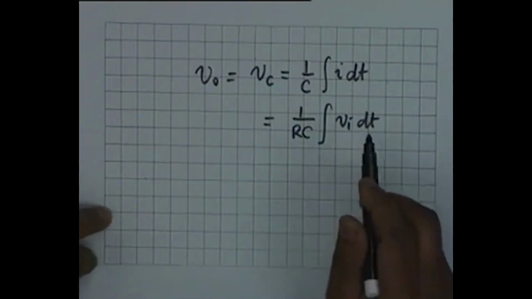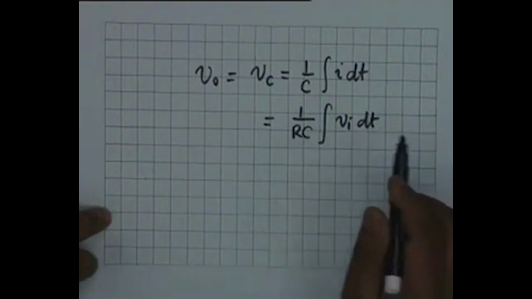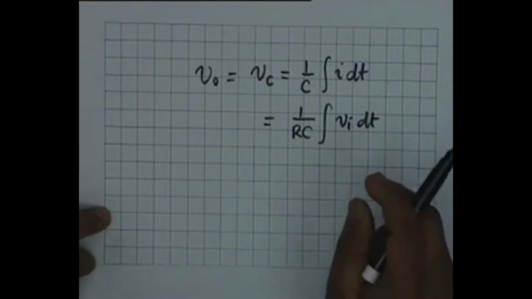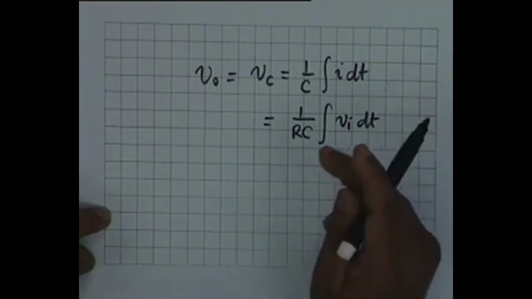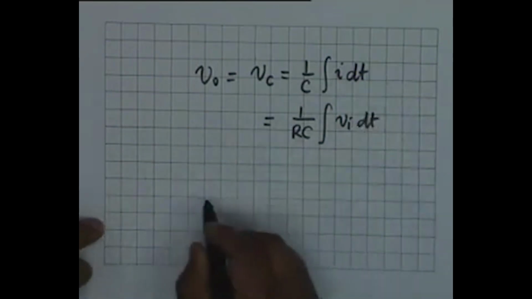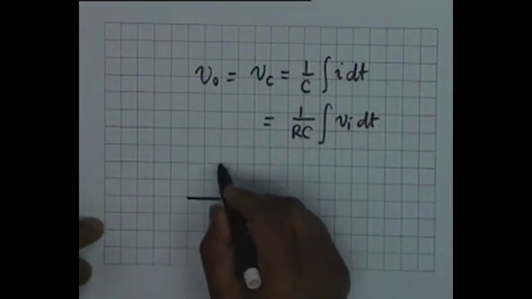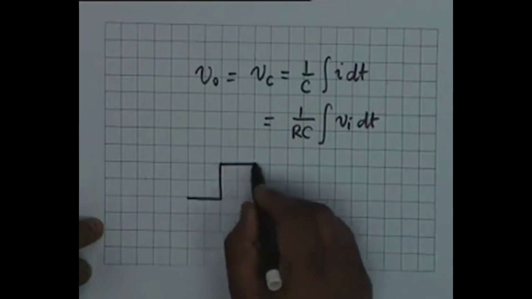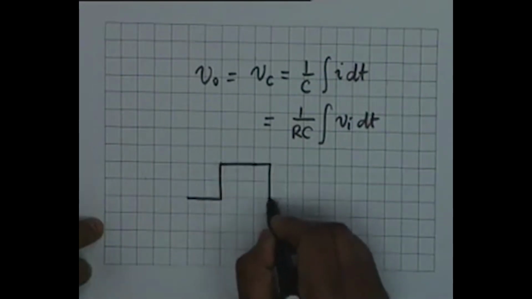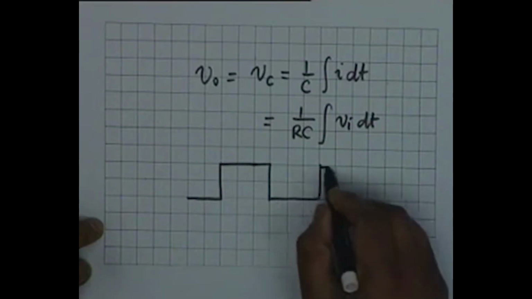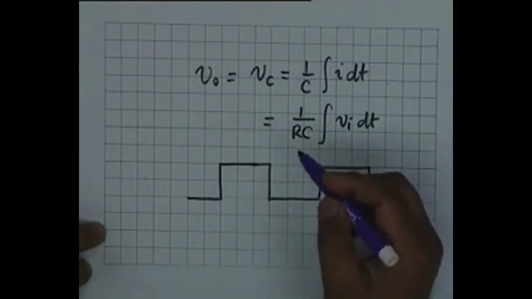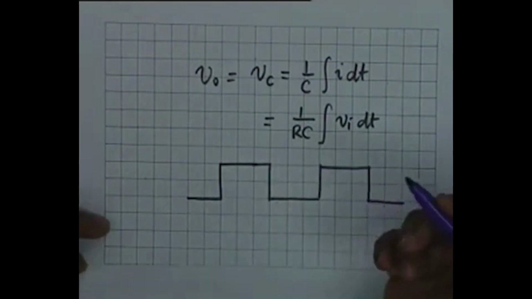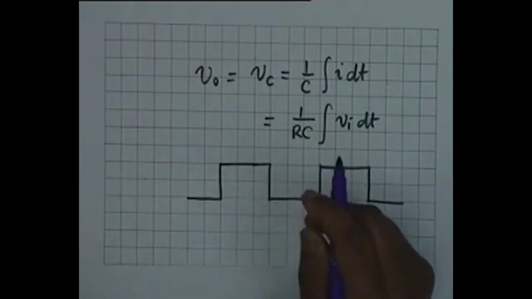All right. Therefore, this is an integrating circuit. The constraint is that the output voltage must be very small compared to the input voltage. Now, to take an example, if I have a square wave once again like this, then what happens is due to integration, well, physically you can see what is happening.